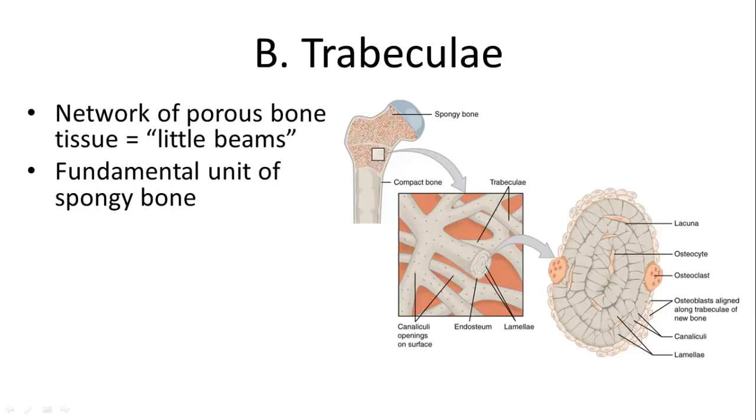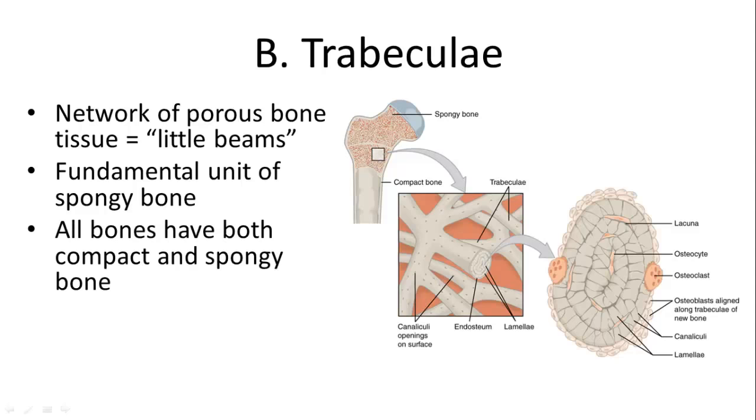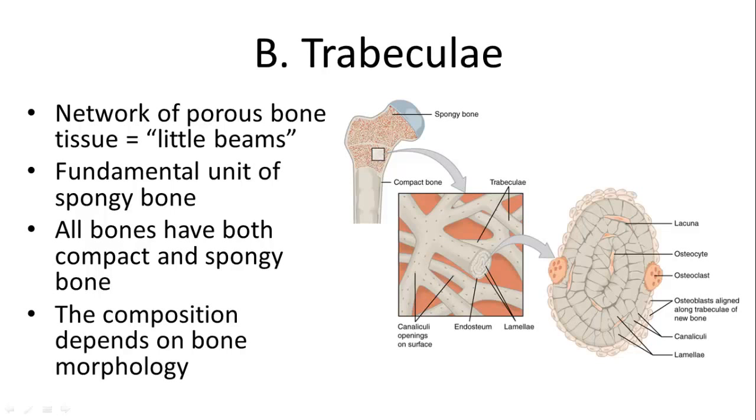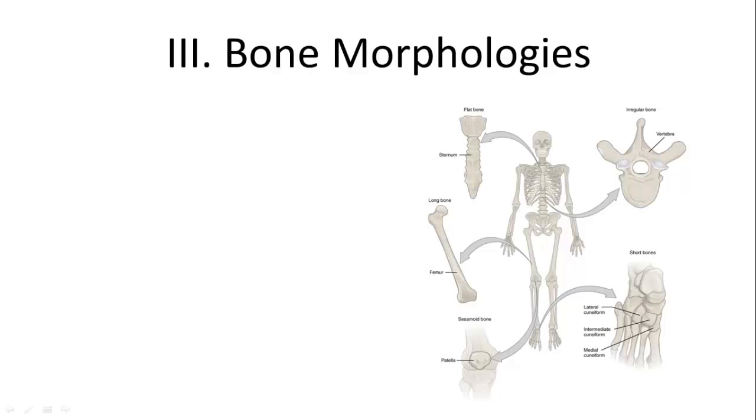And all bones have areas that have both compact and spongy bone, but the proportion of each depends on the bone morphology. So where it's positioned in the body and what its shape and function is. We have 5 different kinds of bone morphologies. Long bones, these are your typical bones that you think of, such as the femur and the humerus.